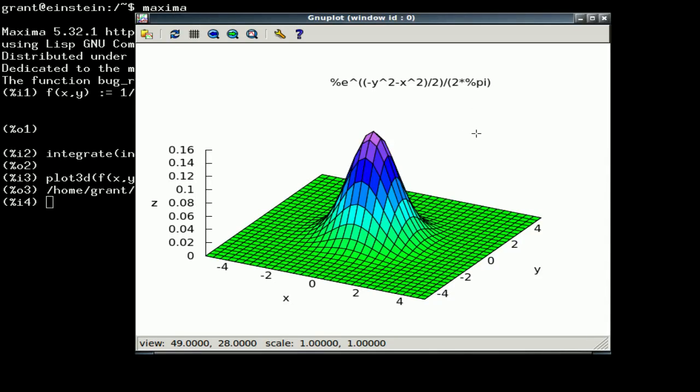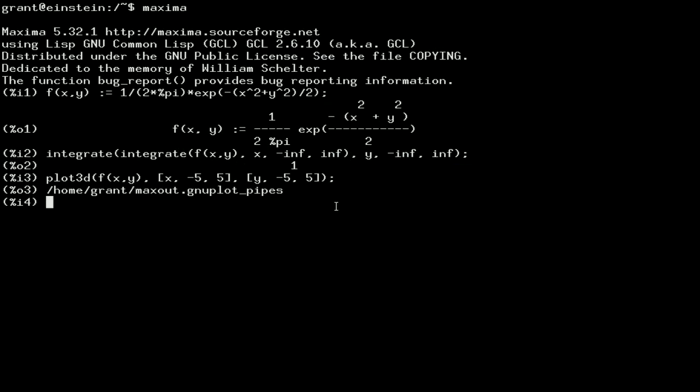So that's our PDF. Now let's take a look at our CDF. Okay, so for our CDF, that was the cumulative distribution function. We define that as the function capital F of a,b, and it was the double integral.